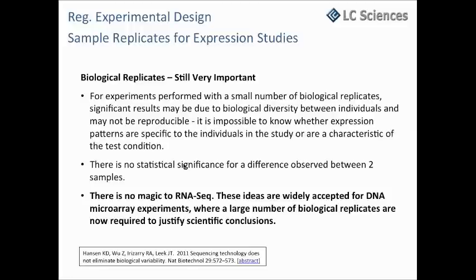So yeah, 3 is basically the minimum that we would recommend for regular cell line or tissue samples, or any type of animal model. Typically that's sufficient to get some good initial data, and to be able to make a call. When you're moving on to clinical samples, human tissue samples, then that's a completely different story.